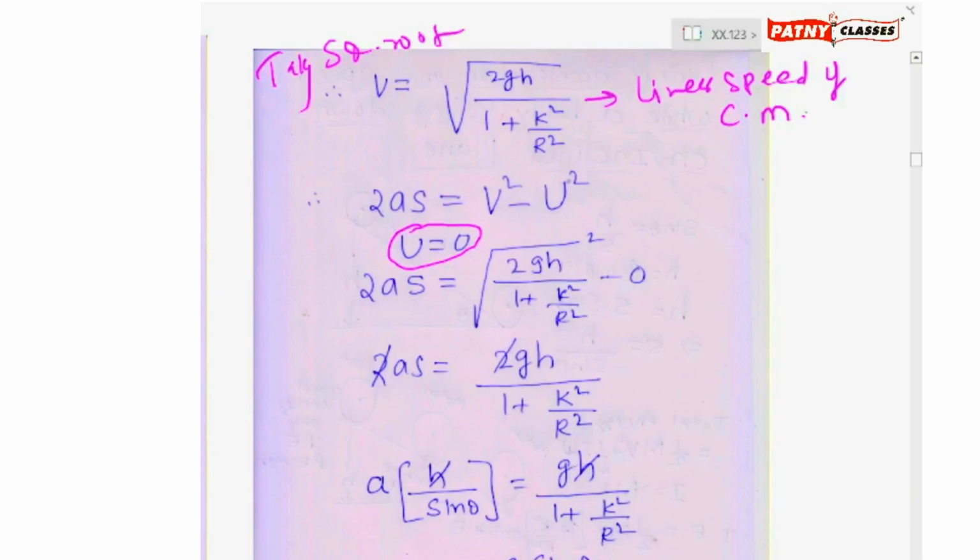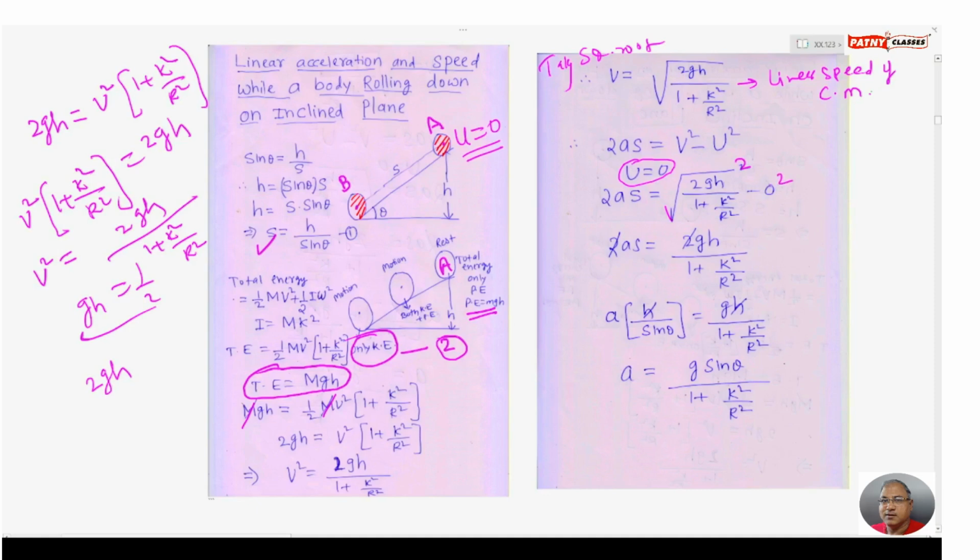With initial velocity 0, putting 0 in place of u square, we get twice as equals the value of v, which we already got, under root of 2gh upon 1 plus k square upon r square. We keep the square of it, and 0 square is 0. So twice as equals twice gh upon 1 plus k square upon r square, cancelling 2 on both sides.